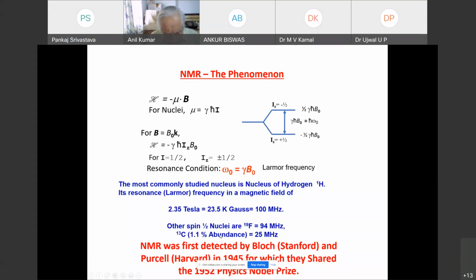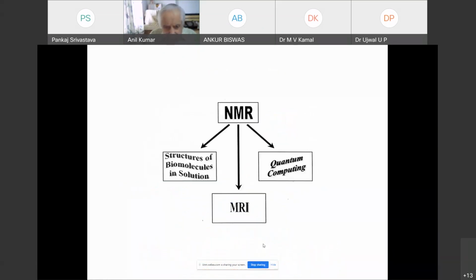However, we mostly work with natural abundance carbon 13, which has a frequency of 25 megahertz. NMR was first detected by Bloch at Stanford and Purcell at Harvard in 1945, for which they shared the 1952 Physics Nobel Prize. NMR has major applications in the structure of biomolecules in solution and MRI, and a minor application in quantum computing.